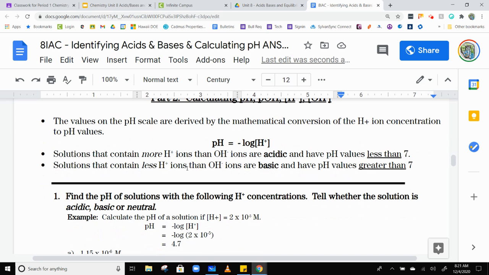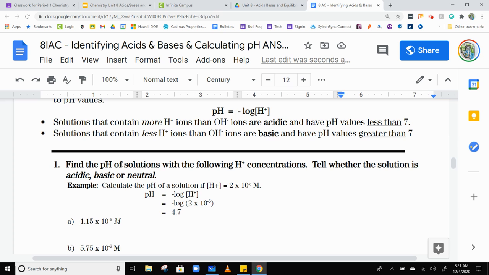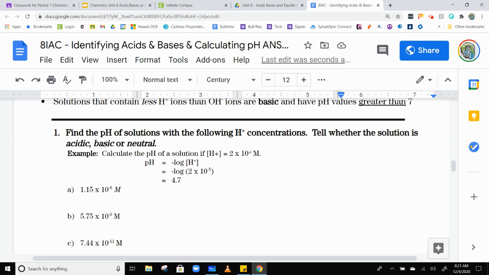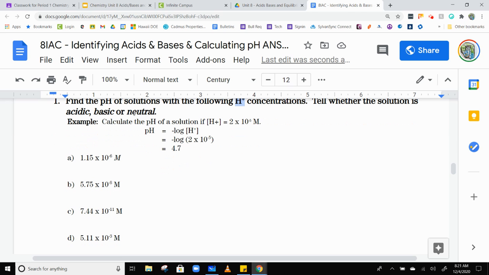So the first part, number 1, says find the pH of the solution with the following H plus concentrations. So you're going to be calculating the pH of all these solutions. These are the H plus concentrations. If you want to find the pH, you take the negative log of the H plus concentration.